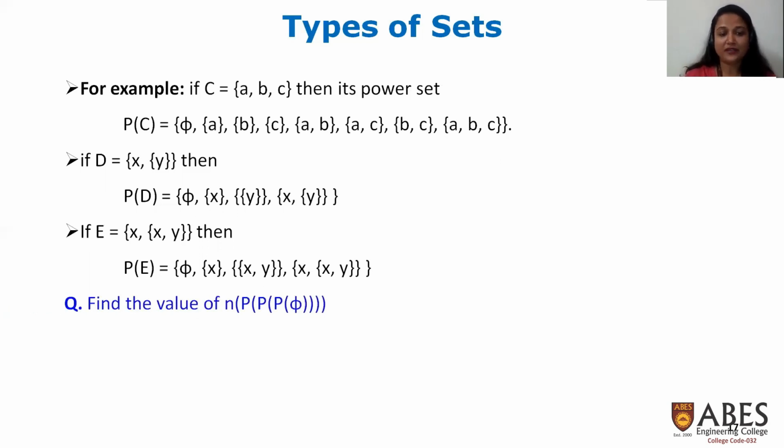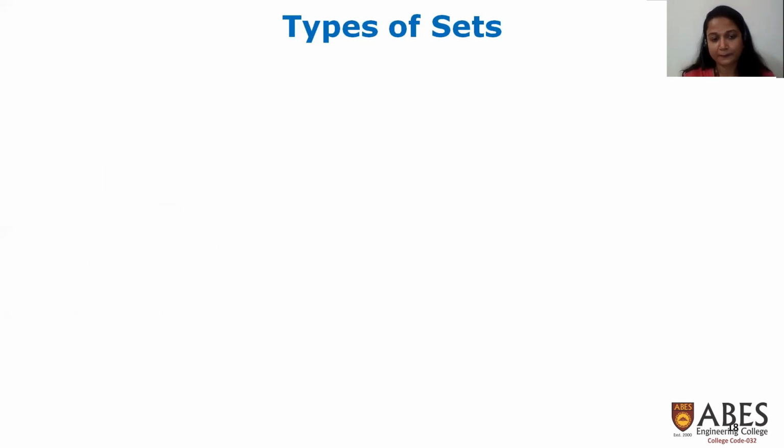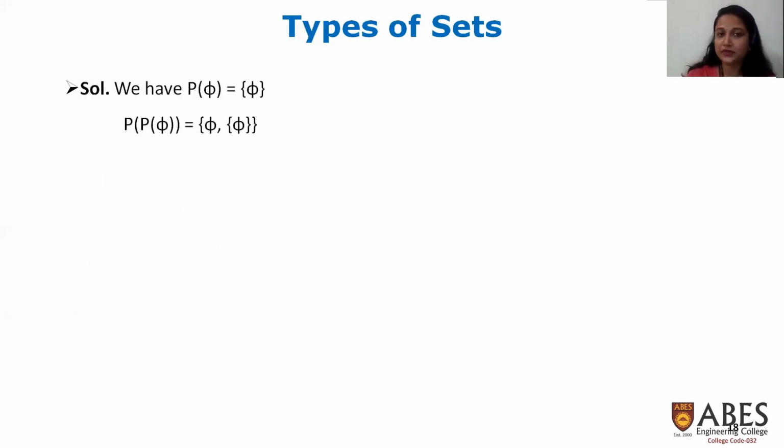Now we have to find the value of n of P of phi. How are you going to find it? The power set of phi: since it is the empty set, in the case of an empty set also we have phi as a subset. Therefore, the power set of phi will have phi as an element. So here I have one element in that case.